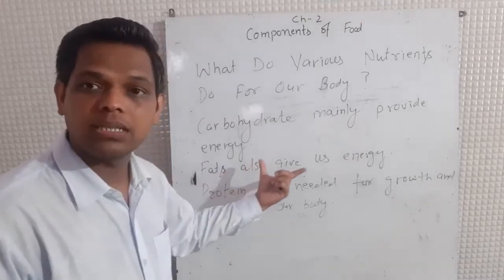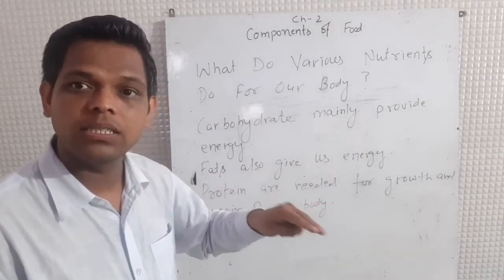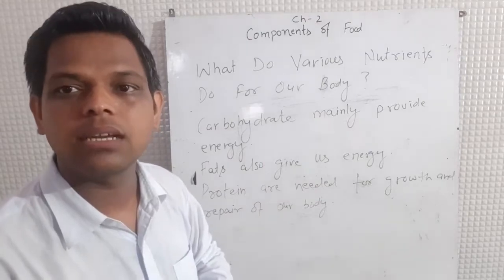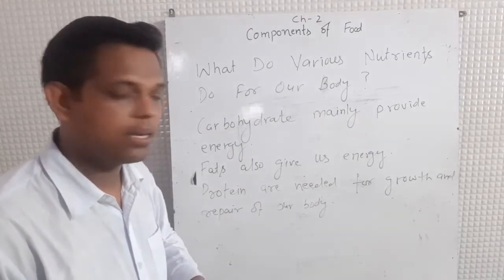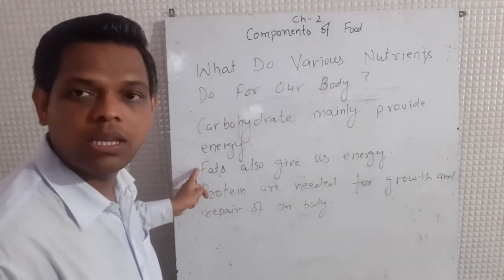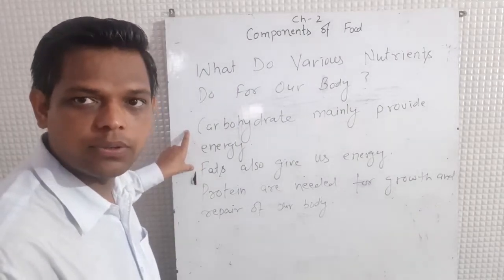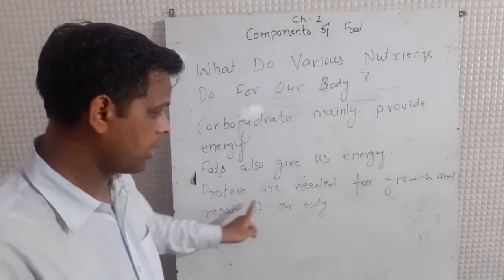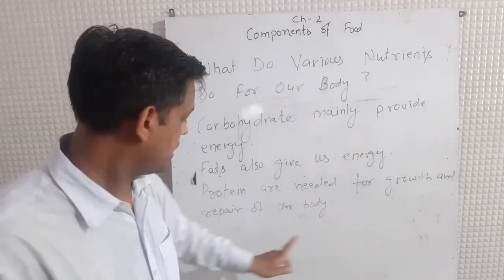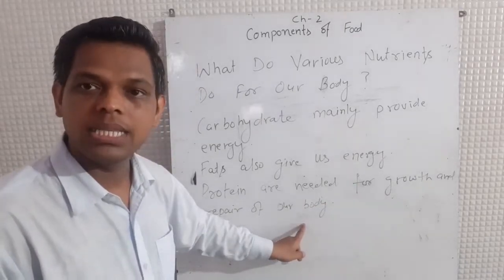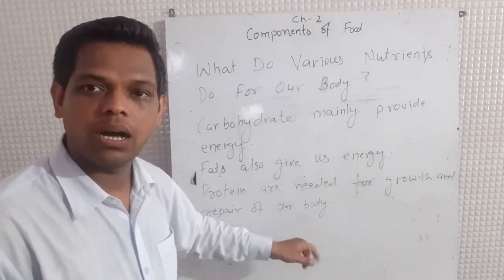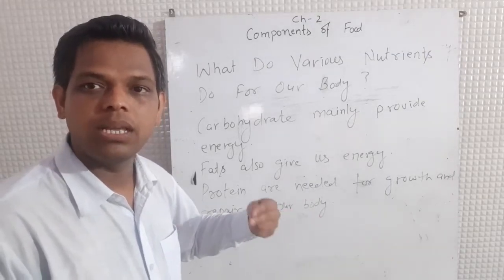Fats also provide us energy. In fact, fats give twice the amount of energy as compared to carbohydrates, and carbohydrates and fats collectively are known as energy giving food. Proteins are needed for the growth and repair of our body. That is why proteins are known as body building food.